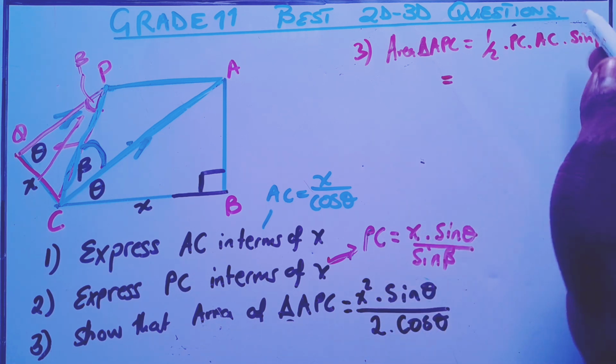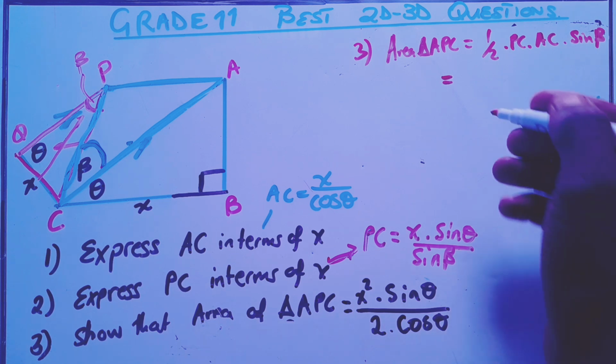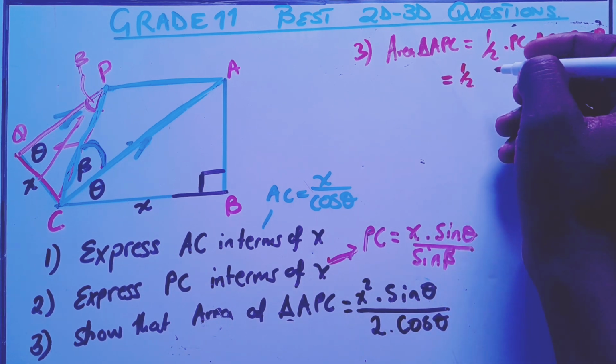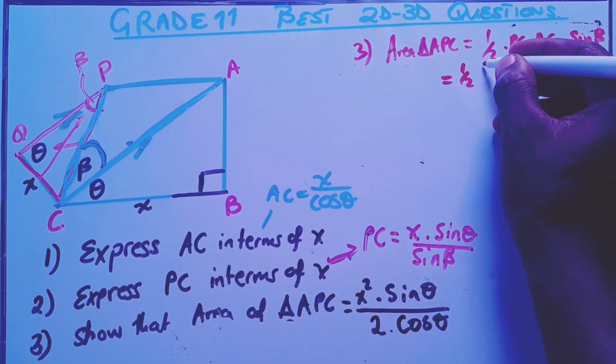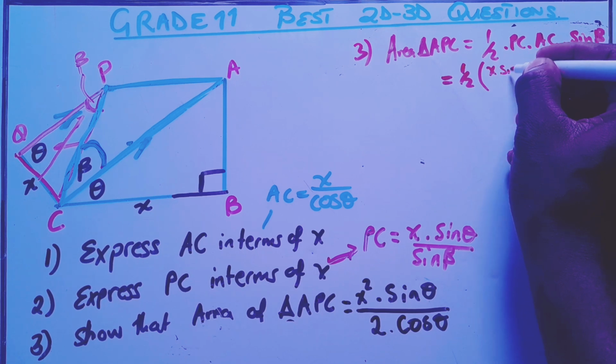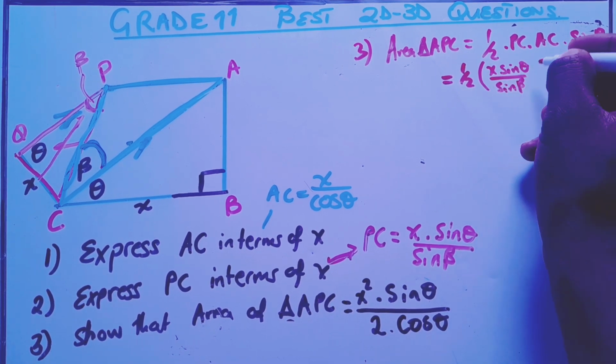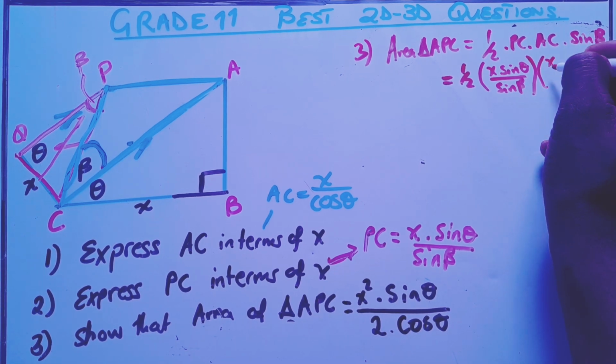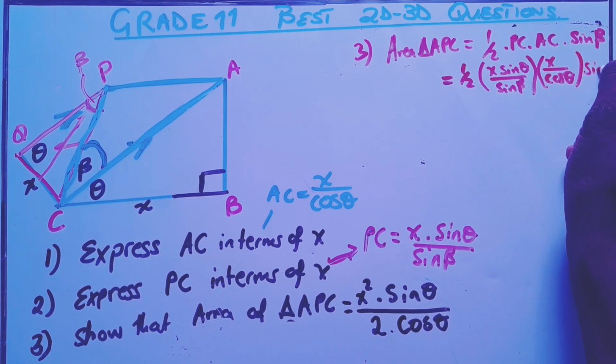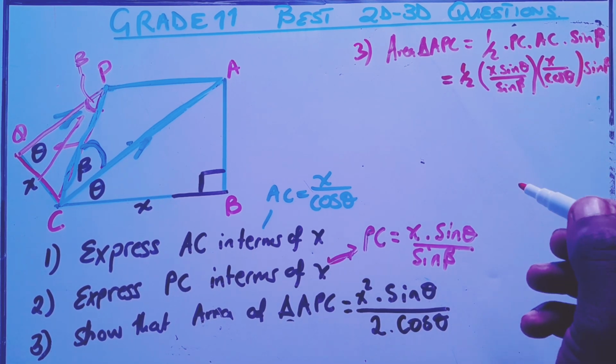We are trying to make whatever this is be equals to that. So this would be equals to half, and then our PC is x sine theta over sine beta being multiplied by AC, which is x over cos of theta, and then lastly sine of beta, right?